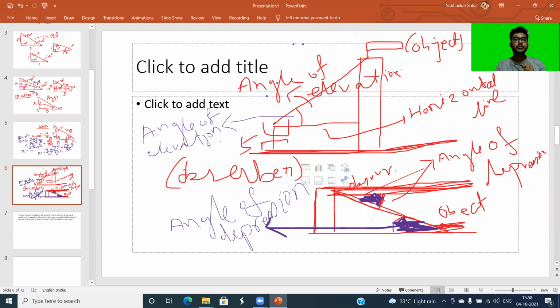Okay, clear? Angle of elevation and angle of depression.